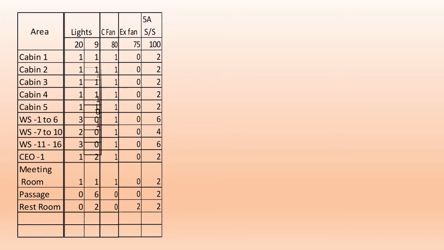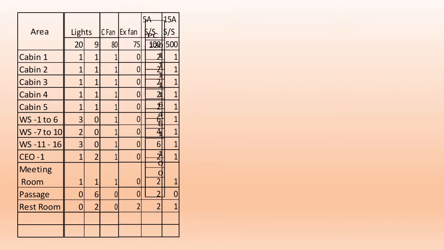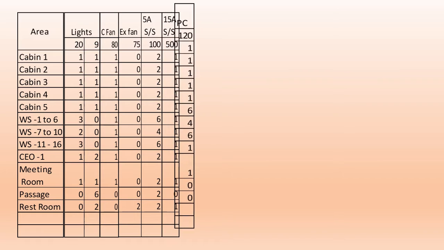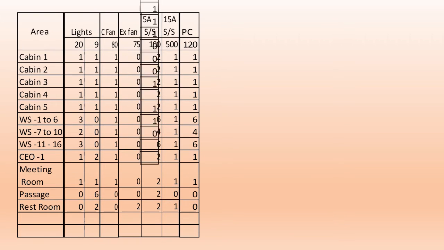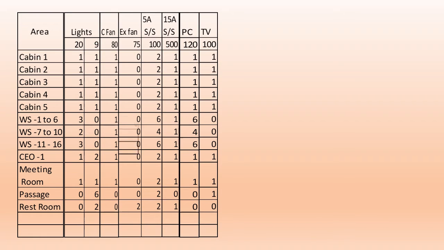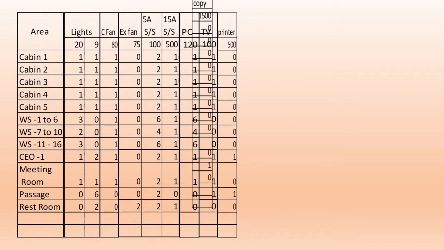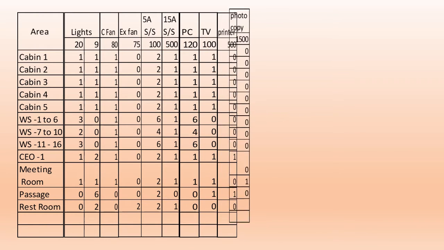Similarly, for light we have 29, ceiling fan 80, and exhaust fan 75. Switch socket 5 amps will be 100 and 15 amps will be 500. And PC or laptop or TV and number of printers and photocopy machines, etc.